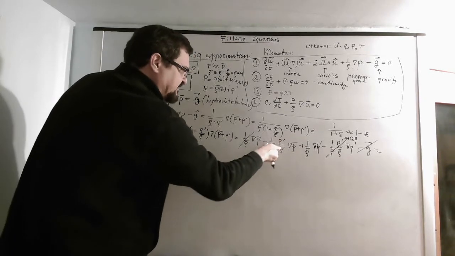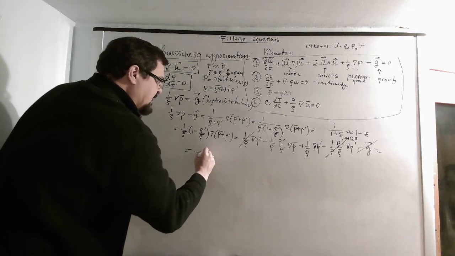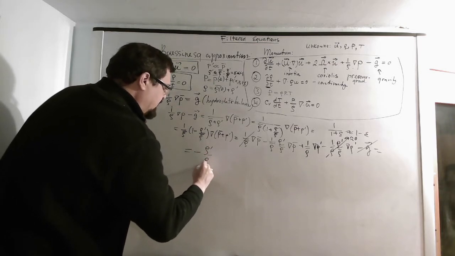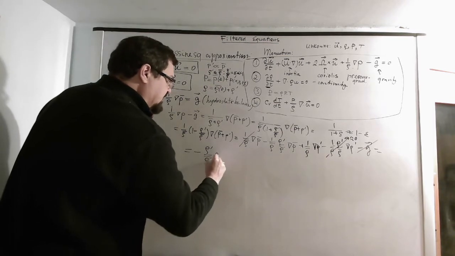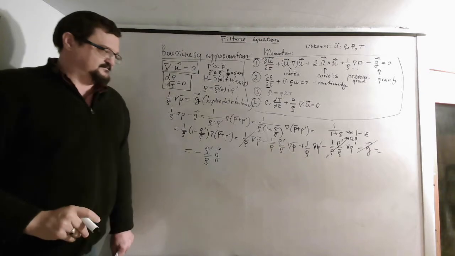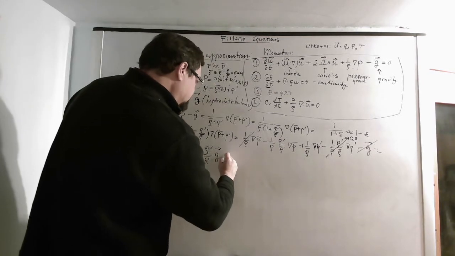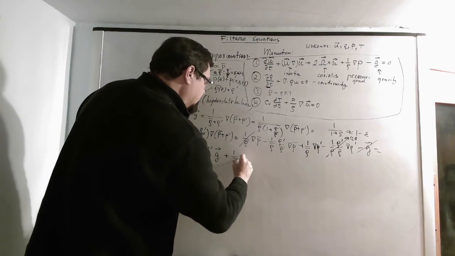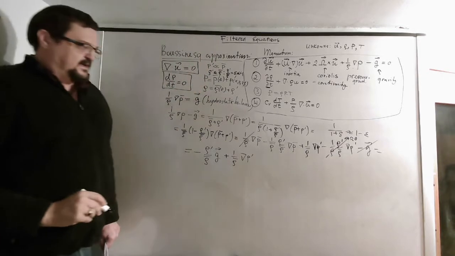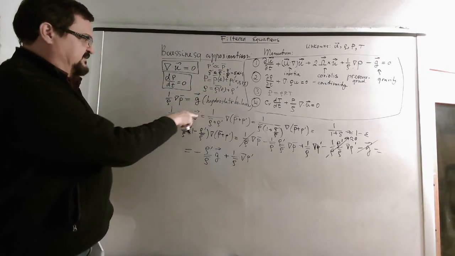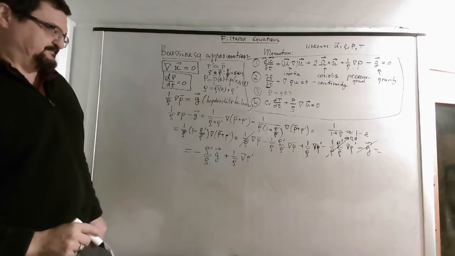So it equals minus rho prime over rho bar g, plus 1 over rho bar gradient of p prime. So this is what these two terms in the momentum equation look like now in the Boussinesq approximation.